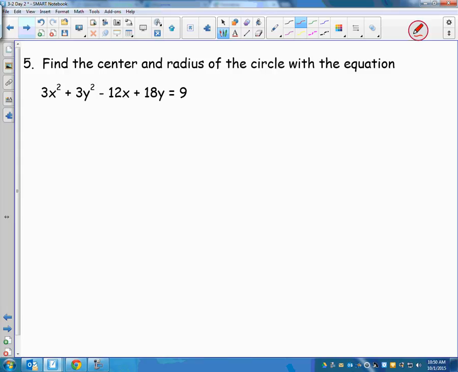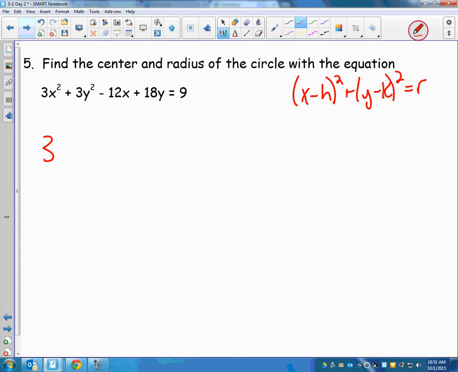What about this one? Find the center and the radius of the circle with this equation. So this is my equation I want, but instead of having something squared, this is what I have.